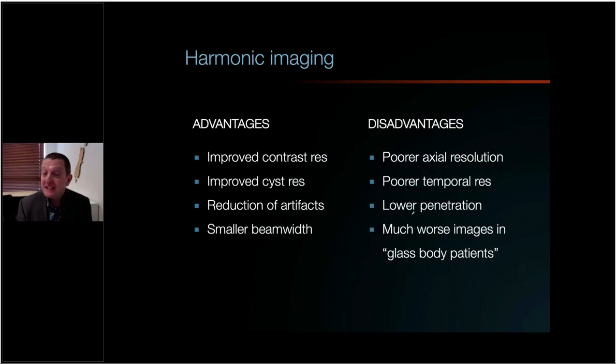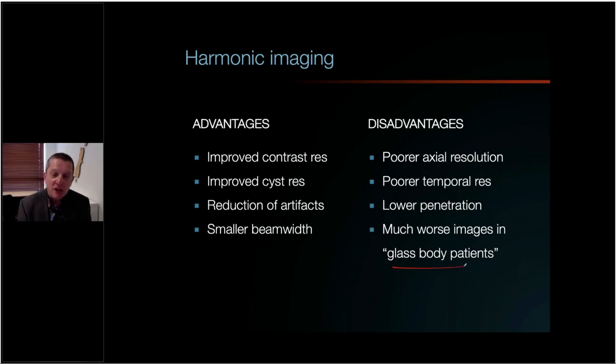Tissue harmonic imaging is sometimes associated with lower penetration as well, and this is due to the fact that the returning echoes are now much higher frequency and they may attenuate on the return trip. And in some patients, tissue harmonic imaging actually produces worse images. There's a specific body type of patients, sometimes referred to as glass body patients.